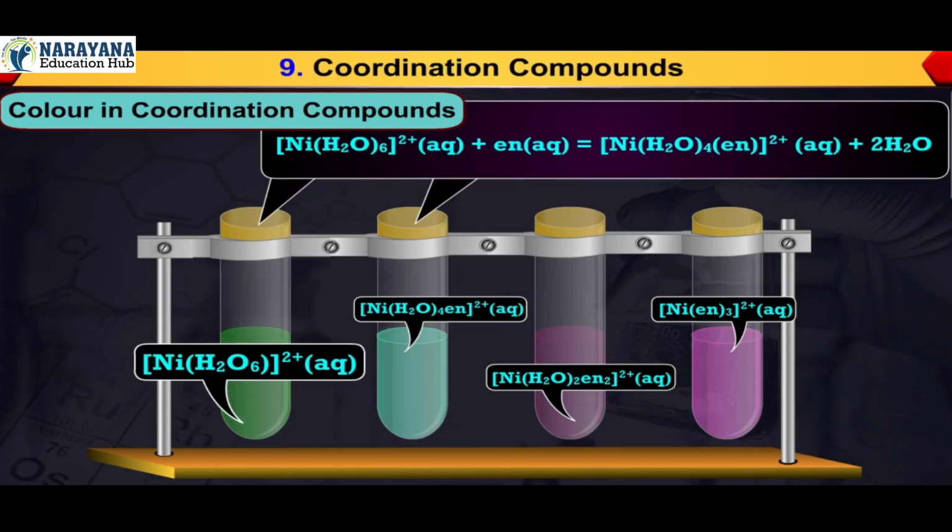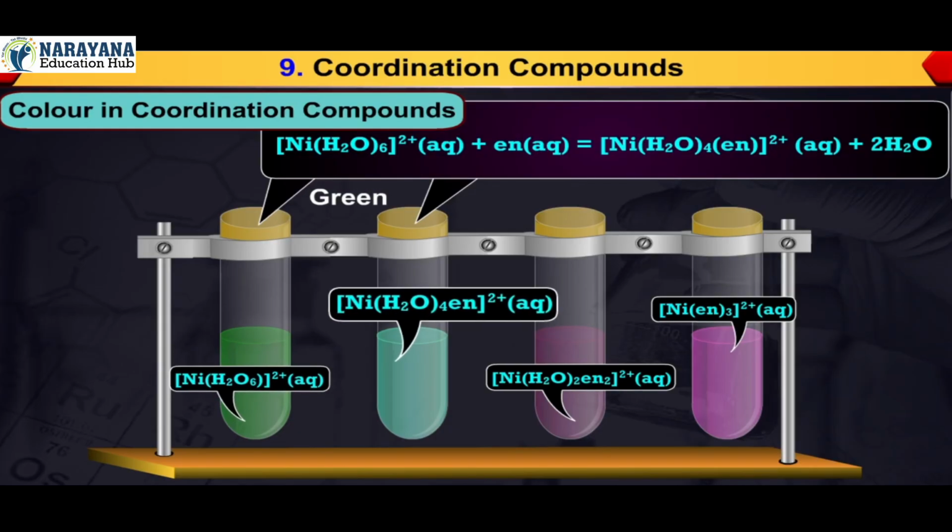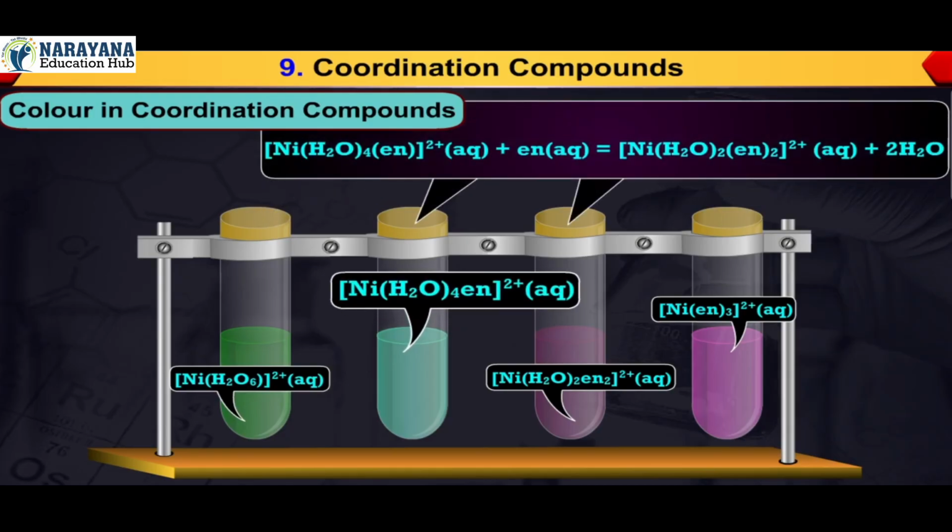[Ni(H2O)6]2+ (aq) green + en (aq) = [Ni(H2O)4(en)]2+ (aq) pale blue + 2H2O.